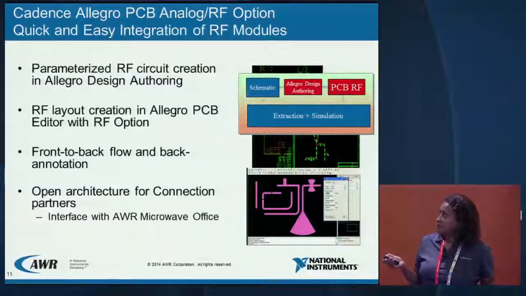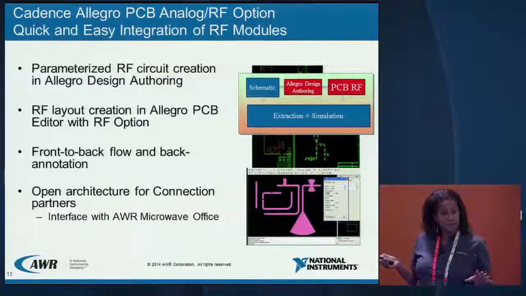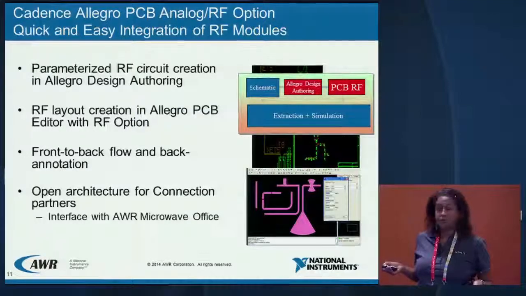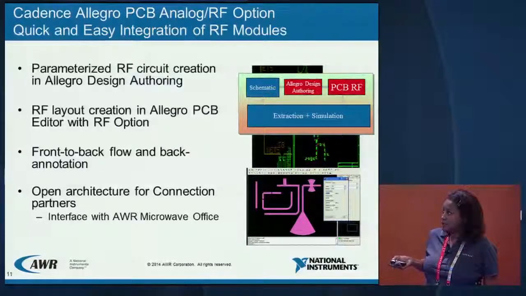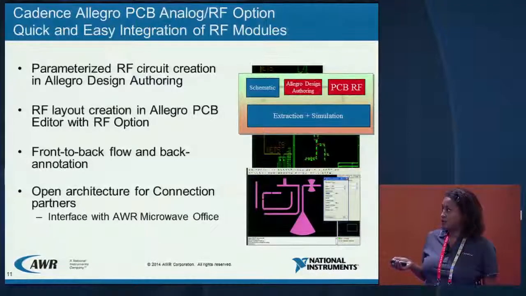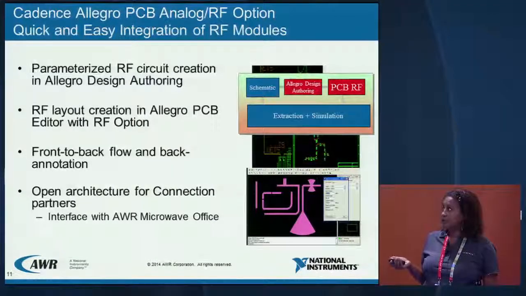But basically, you can bring the physical structure there, do some authoring, and then do an extraction on the entire design at the PCB level, do simulation, and move on into manufacturing, generate the physical data for manufacturing. So this is the complete flow, and we're providing front to back automation from capturing the design, authoring, to extraction and simulation using the Allegro flow. So it is the de facto manufacturing flow that our customers are currently using.